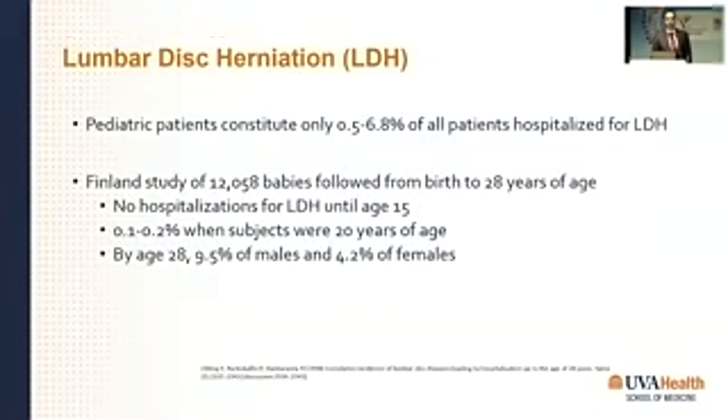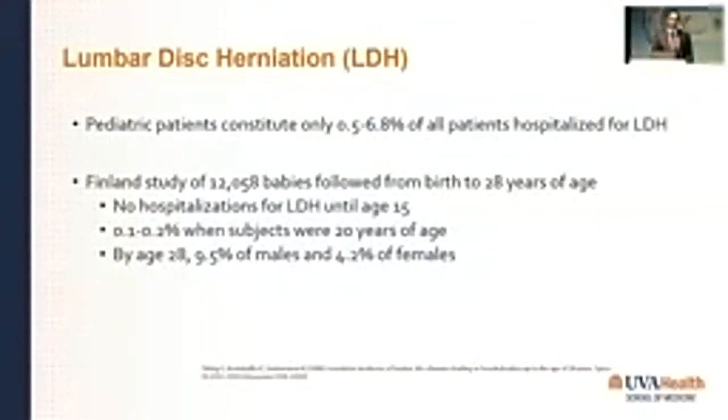Just talking a little bit about disc herniations in the pediatric population, certainly they occur less frequently than in adults. Anywhere from 0.5 to 6.8% has been quoted. Europe has great record keeping in terms of medical records and health outcomes.